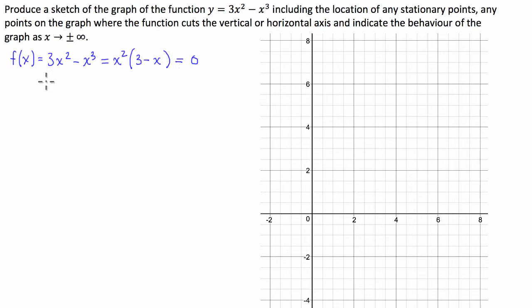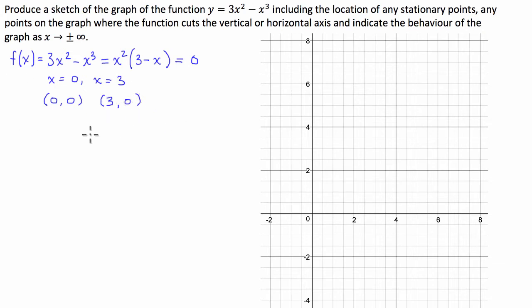So either x is going to be equal to 0 or x is going to be equal to 3. And the coordinate points that we get from here are 0, 0 and 3, 0.